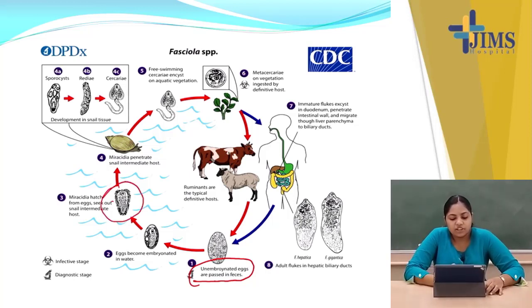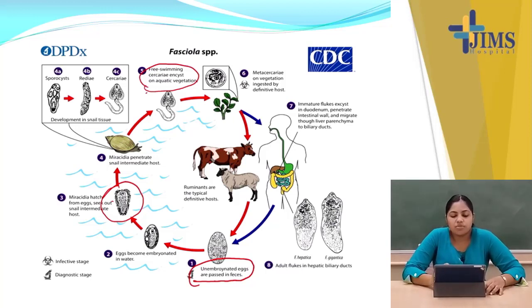Again it enters into the snail and develops, and first stage and second stage of redia and sporocyst are formed. This sporocyst then forms the cercaria, which encysts on the aquatic vegetables and lake water. So now this is the infective stage.